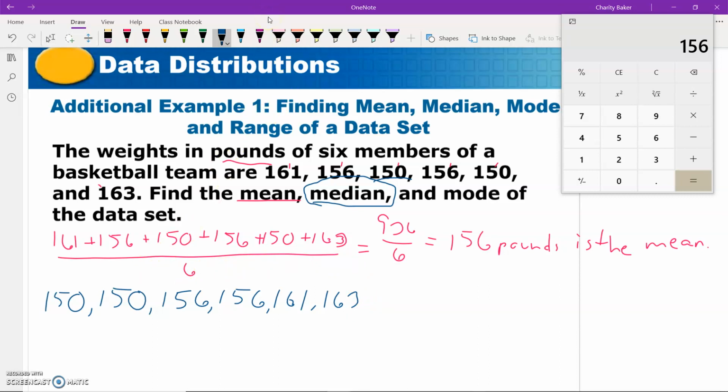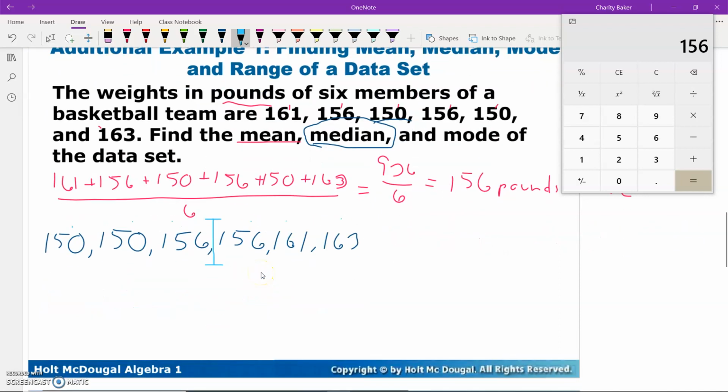We've listed them all in order, and we want to find the center of the data set. We really want to find the halfway mark. The halfway mark would be in between these two, because there are 3 on the left and 3 on the right. So my median would be in the center of them. How do we find the number that's in the center of two numbers? We find the average.